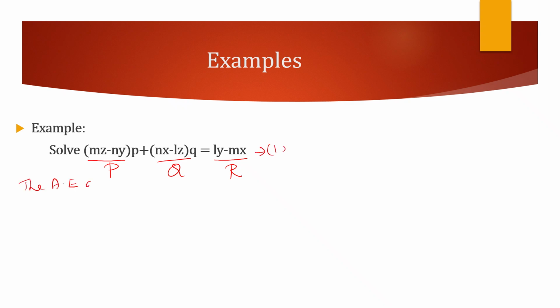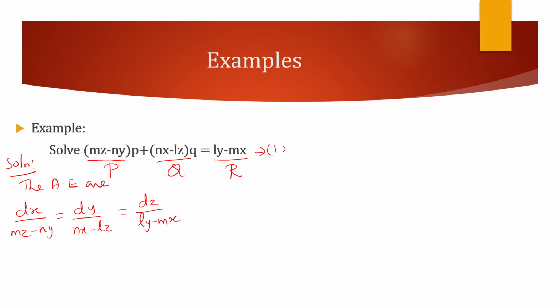The auxiliary equations are dx by capital P, that is mz minus ny, and dy by capital Q, that is nx minus lz, and the third term is dz by capital R, that is ly minus mx.